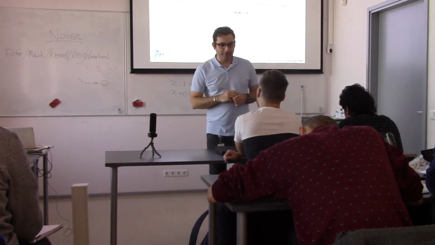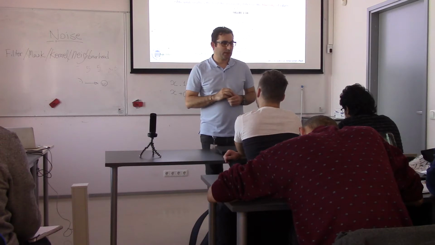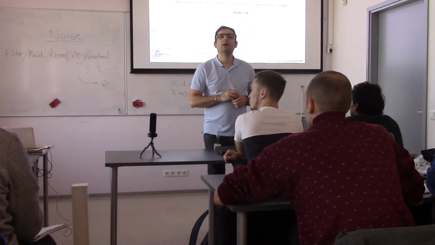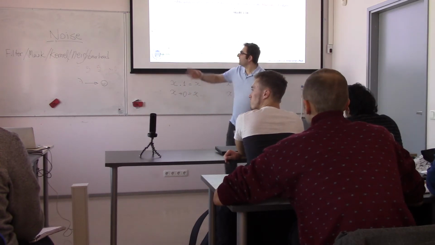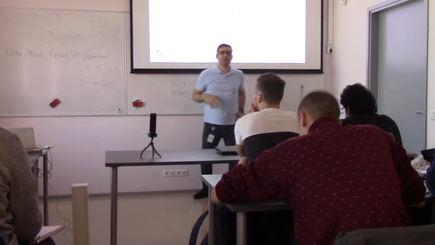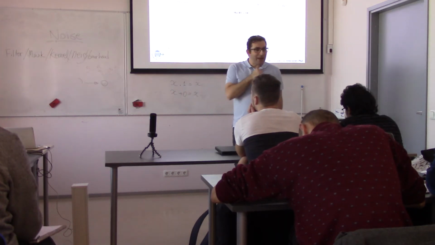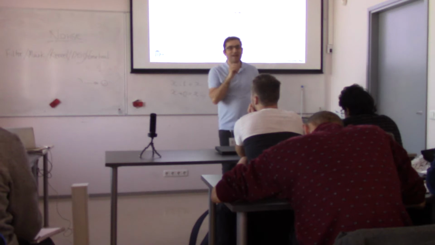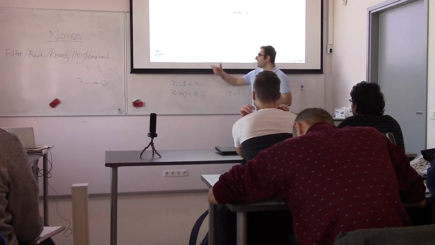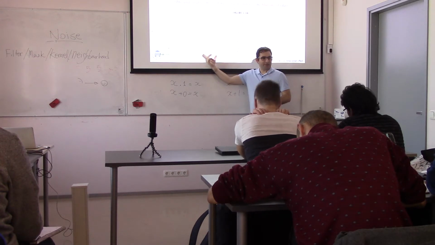If it is a 5 by 5, how does it look like? All ones and divided by 25, right? It will be all ones multiplied by 1 over 25, because you are just finding an average. Another way of finding an average is that we do not treat everybody equally, and we call it weighted average filter.